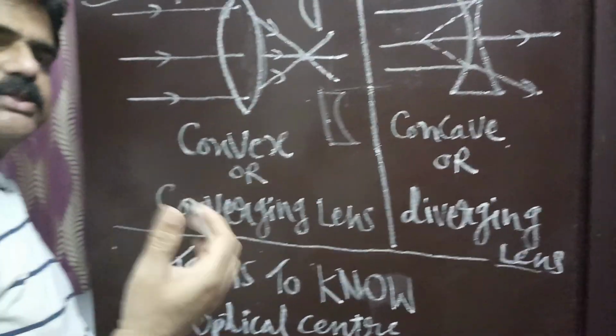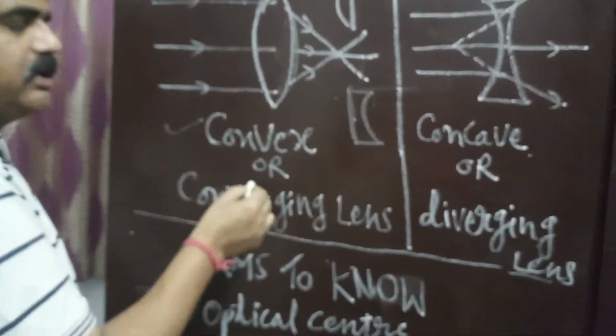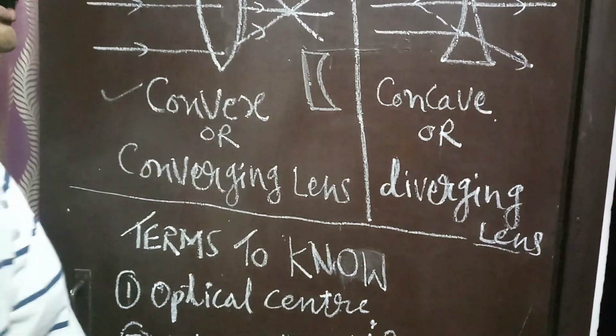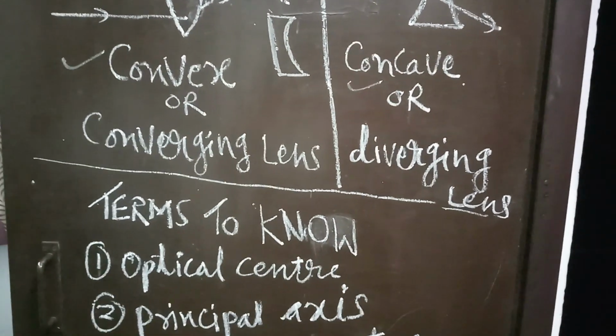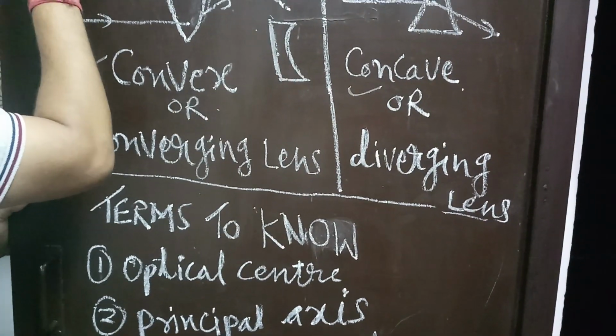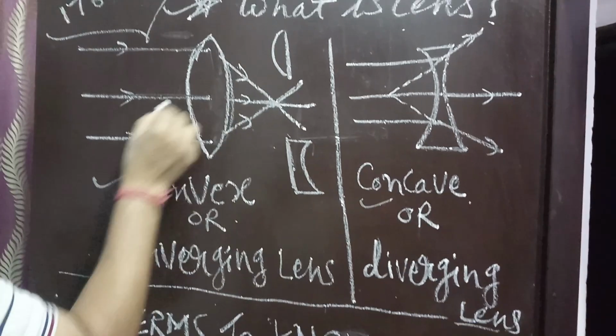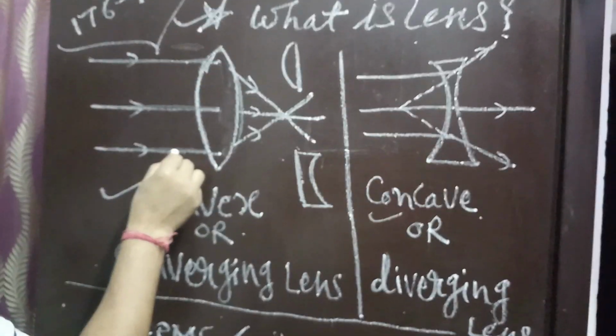Basically for class 10th, we have to study two lenses. Convex, also called converging lens, and concave, also known as diverging lens. So what is a convex lens? Here you see these light rays are parallel.